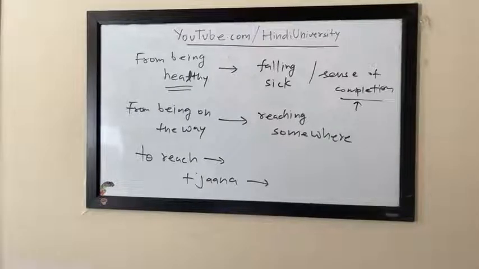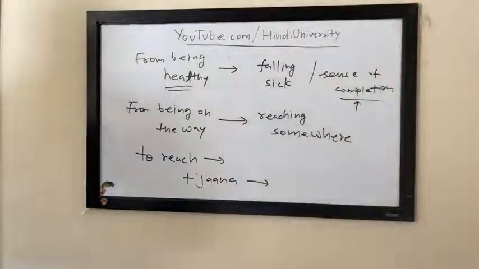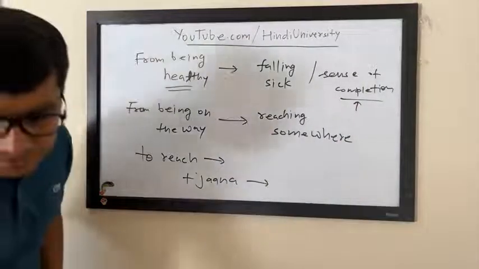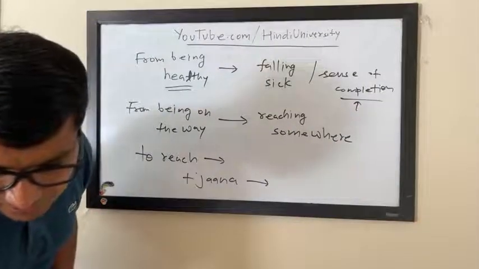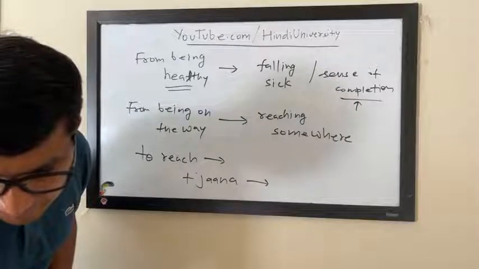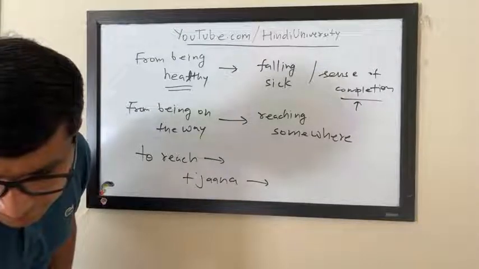Let's see how everyone is doing on the Facebook side. So namaste Leah ji, Barbara, Ash, Elan ji, Amadi, Gopal, Samar, Tarja. Awesome. So "to reach" along with jana. Let's see. Okay, awesome.